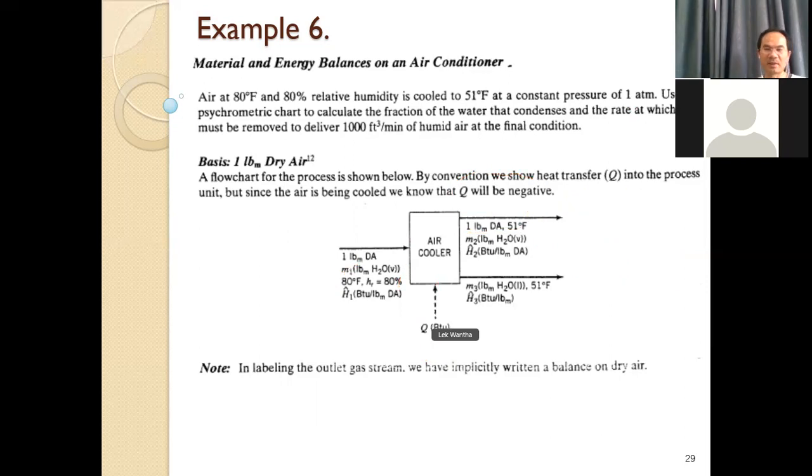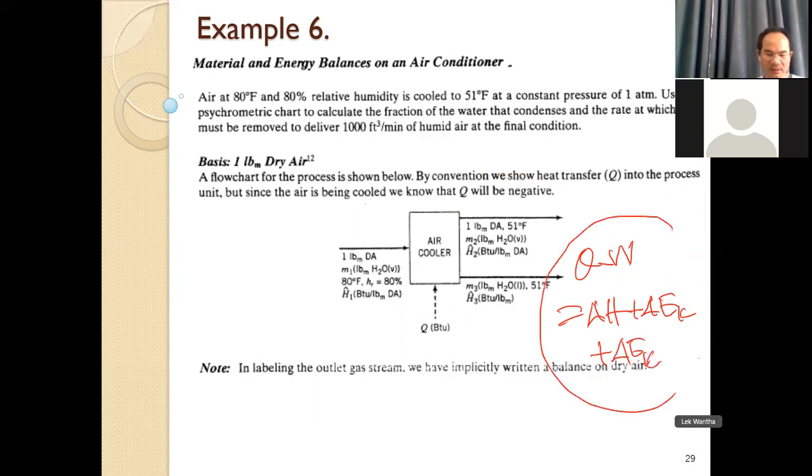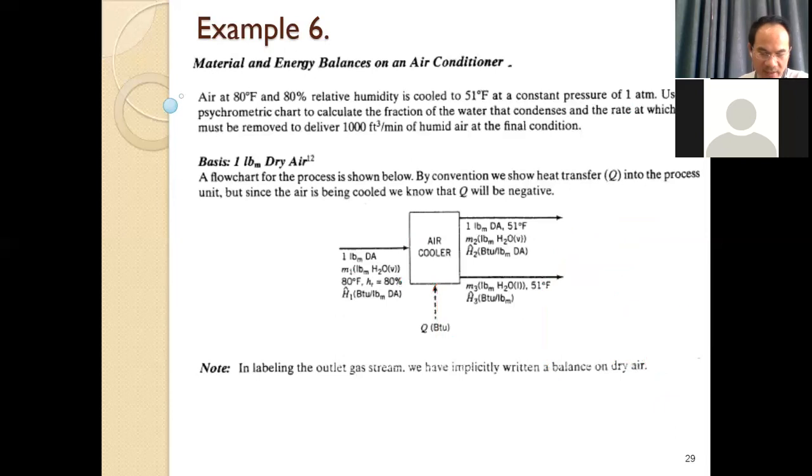We use the inlet because we balance Q minus W equal to delta S plus delta EK plus delta EP. For this equation, we balance based on input heat. If you calculate and get a negative sign, what does it mean? It is the outlet heat. Don't worry about that.